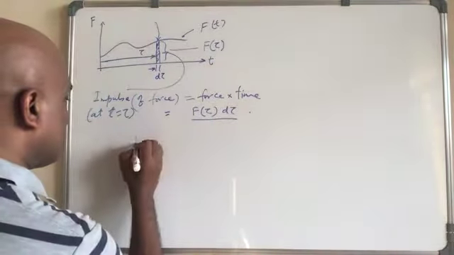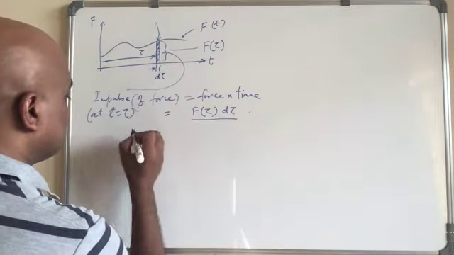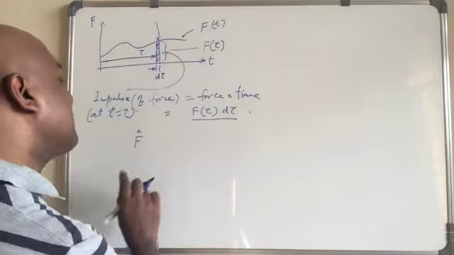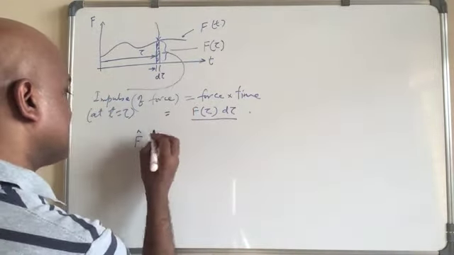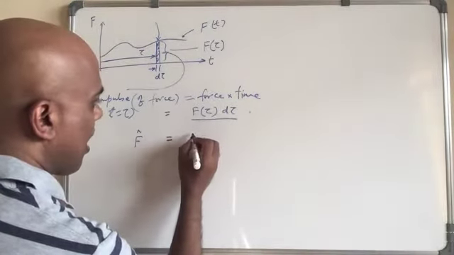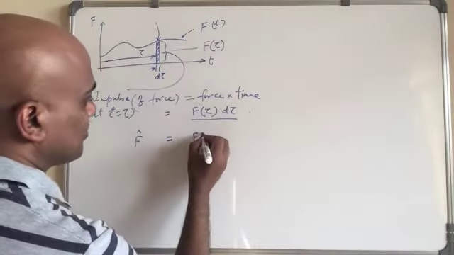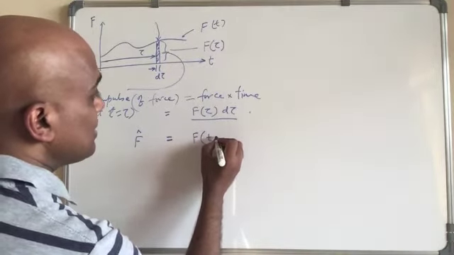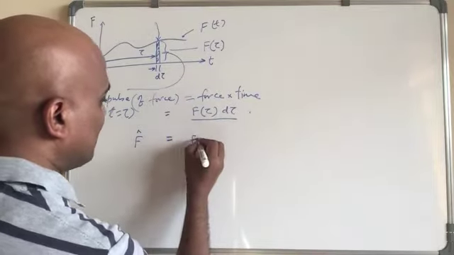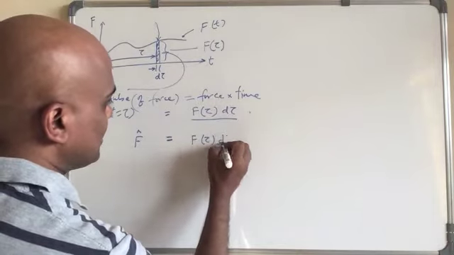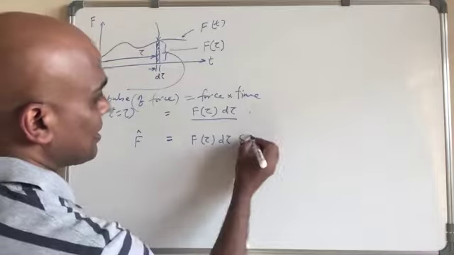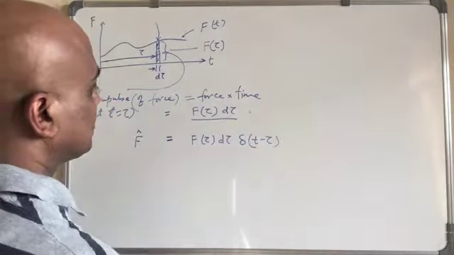We can write F hat, which is equal to F(tau) d tau times delta(t minus tau).